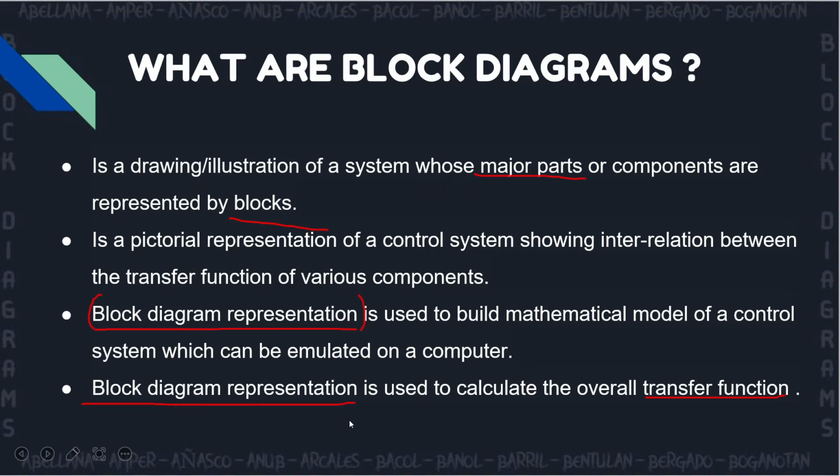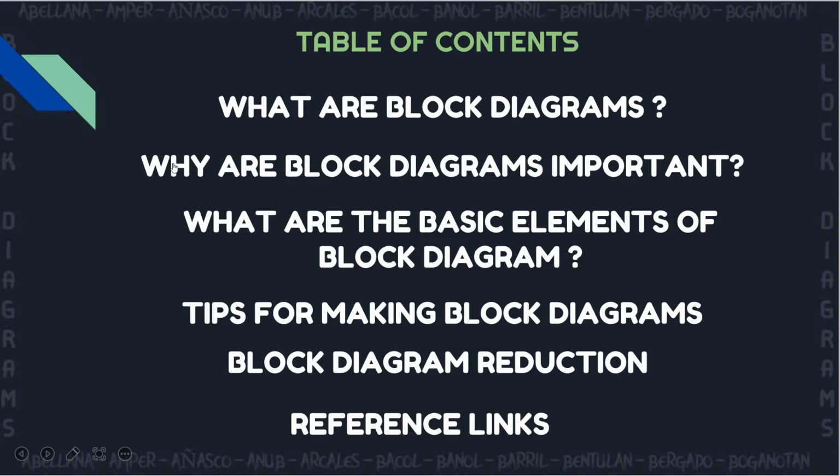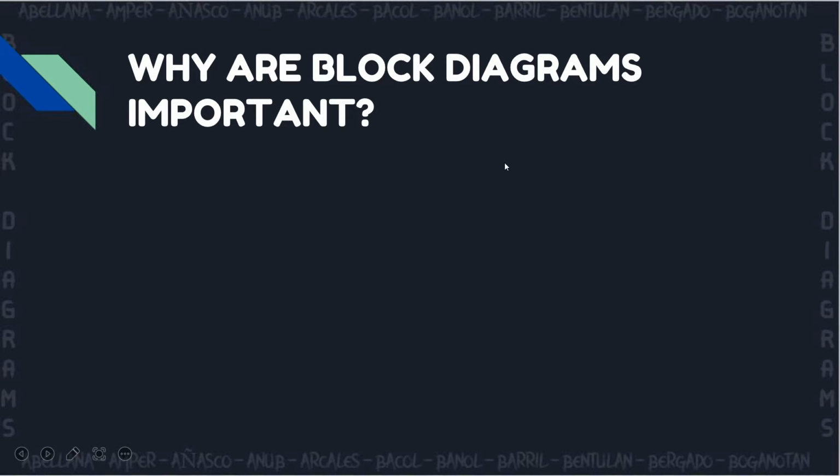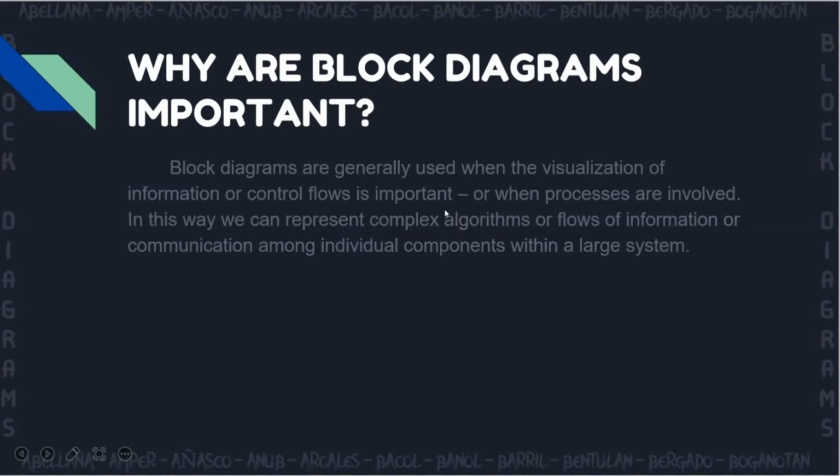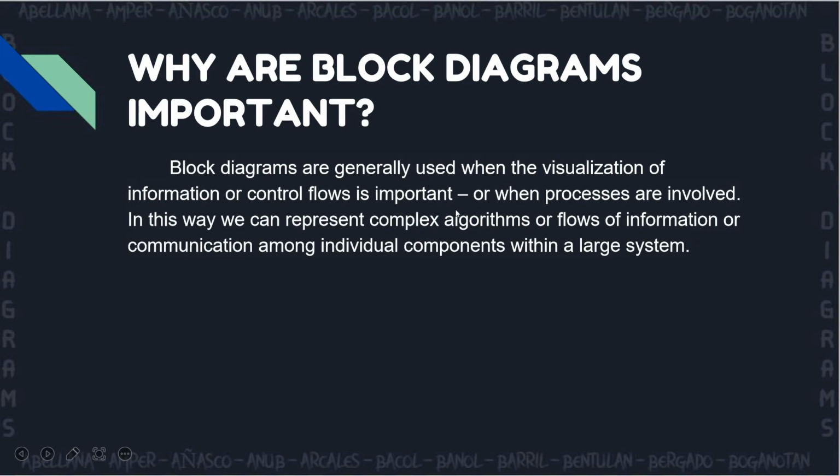So now that we know what block diagrams are, let us proceed to determining why they are important. So why are block diagrams important? Block diagrams are generally used when the visualization of information or control flow is important, or when processes are involved.